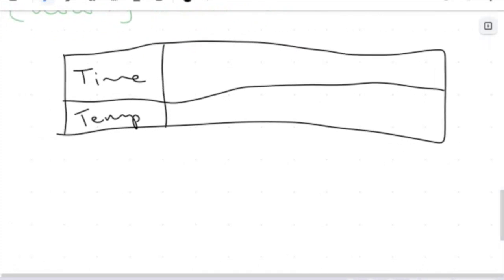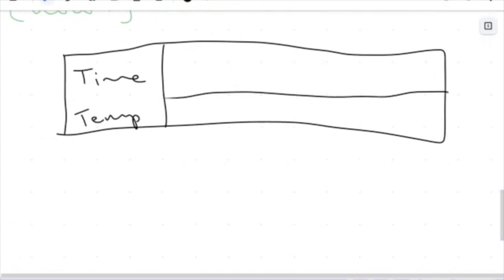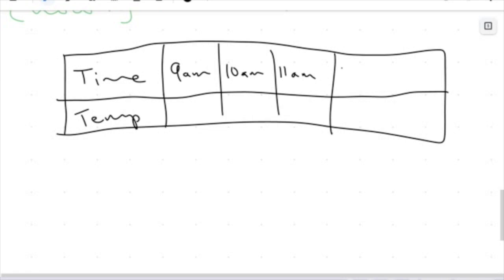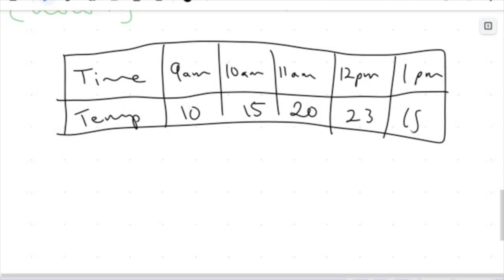That's a really bad table. Sorry guys, bear with me. So we have the time: 9 a.m., 10 a.m., 11 a.m., midday, 12 p.m., and 1 p.m. And the temperatures I measured, in Celsius, were 10, 15, 20, 23, and 18 degrees.